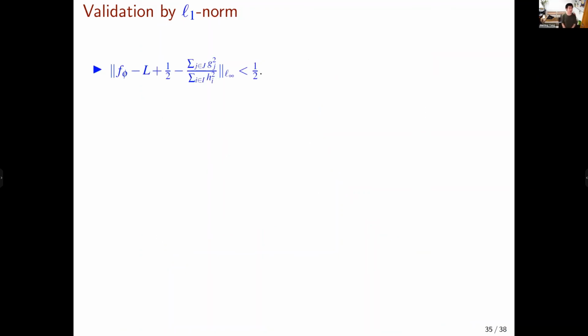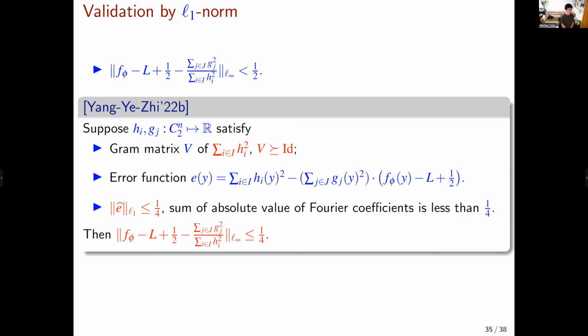And another one is that we can verify the error of the rational Fourier sum of squares by L1 norm. Suppose that Hi and Gj are functions from the group C2 to the power of n to the real numbers R, such that there exists a gram matrix of the sum of squares of Hi that is greater than the identity matrix, and the L1 norm of the error function is at most 1/4.